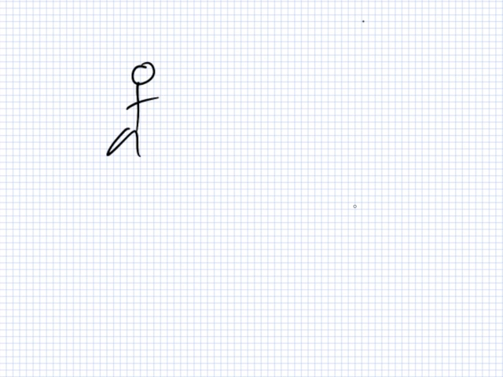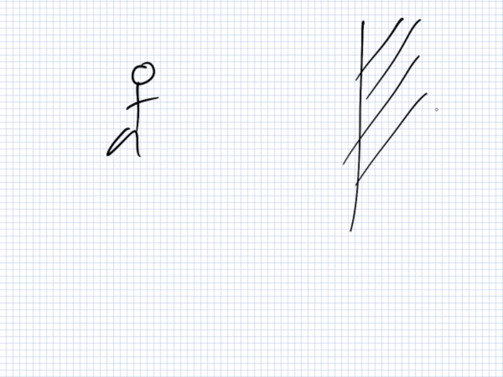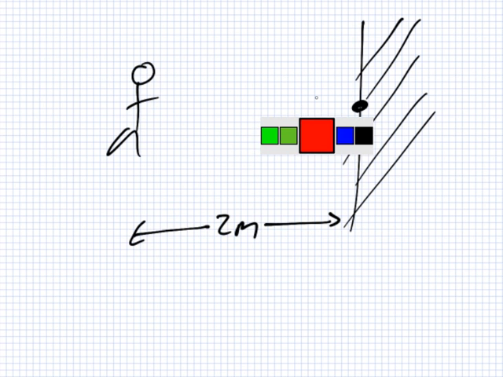Alright, here's the boy, and here's the wall, and I said the rope is 2 meters, but I really mean that the boy is 2 meters from the wall. And it's tied here. So the fundamental is the biggest wave, the biggest standing wave he can make. So what's the biggest standing wave he can make? 8 meters wavelength. Very good.